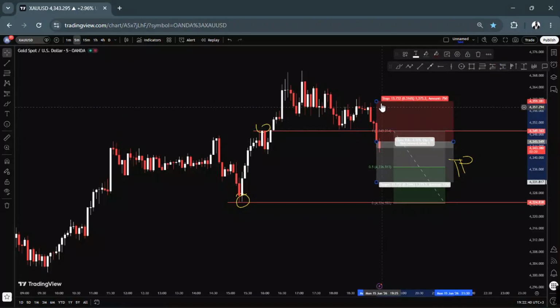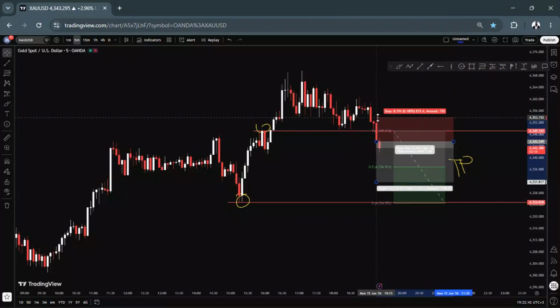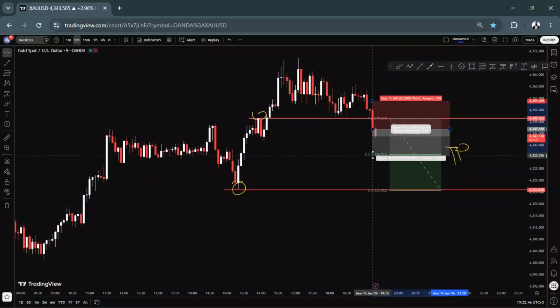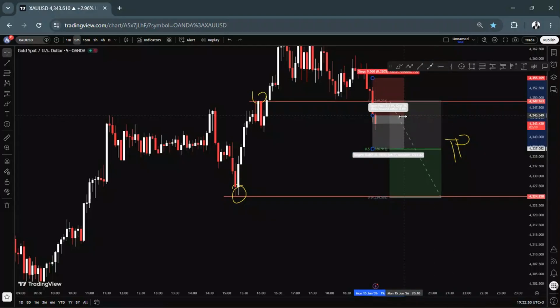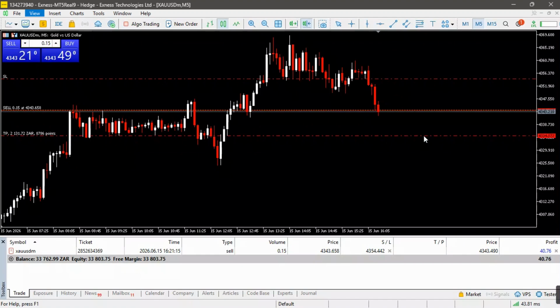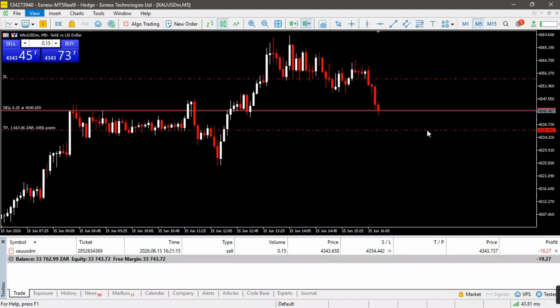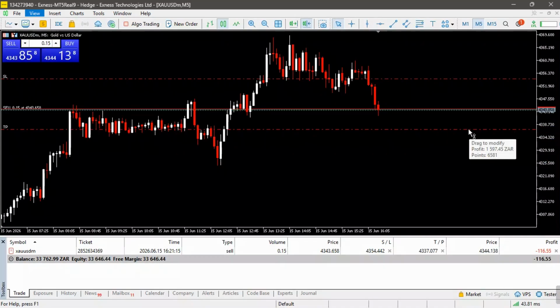So I have entered a sell position right here, and my stop loss is just above these highs. So this is going to be my TP1, here at 337. Yeah, so this is going to be my TP1.